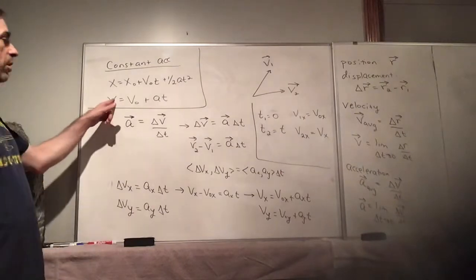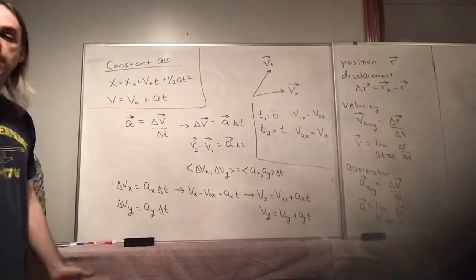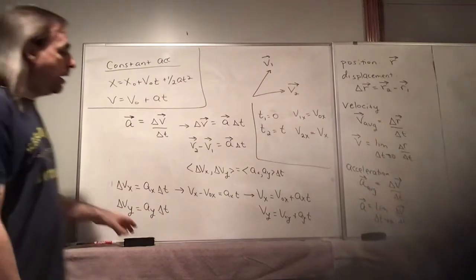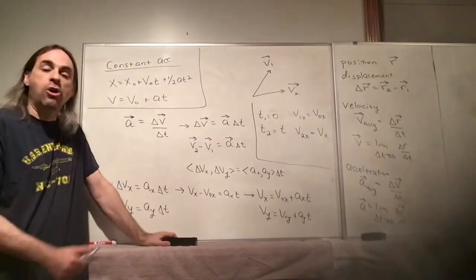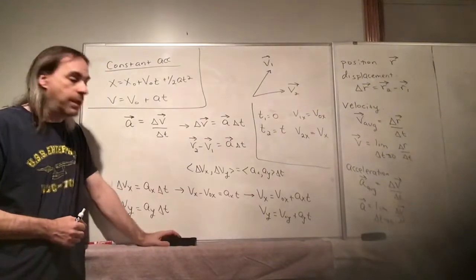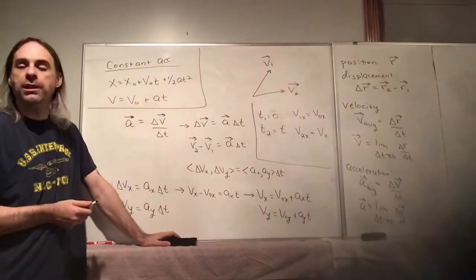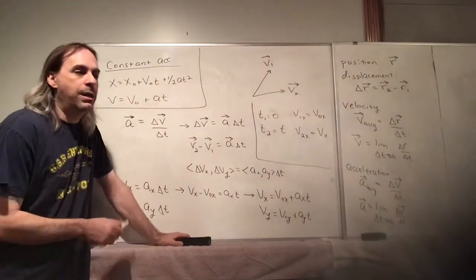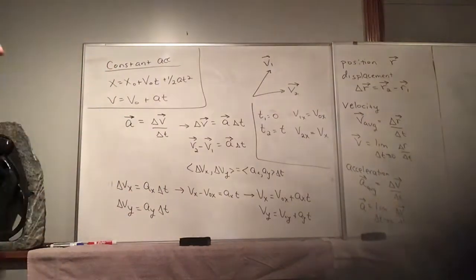And we have a similar one for the y direction, Vy equals V naught y plus Ay times t. Remember, our goal is to find the velocity as a function of time, and we just did that. The next goal is to find the position as a function of time, and I'm just going to skip that whole thing and write down the result.